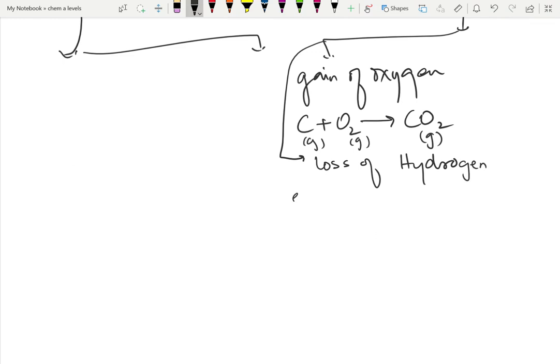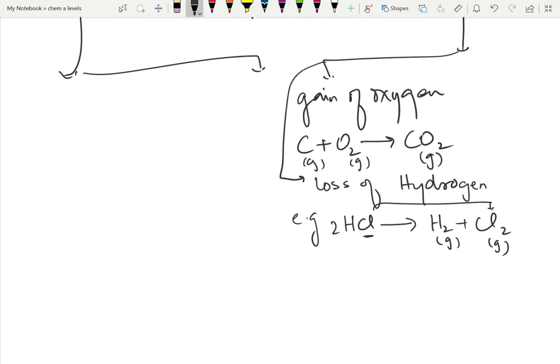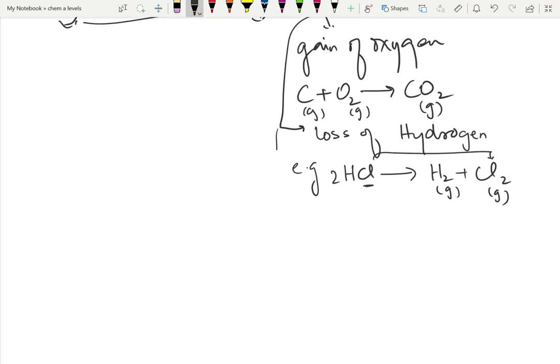For example, if we have HCl that is broken down into hydrogen and chlorine, in this reaction chlorine is losing hydrogen and forming chlorine gas. As a result, this reaction is called oxidation because loss of hydrogen is taking place.